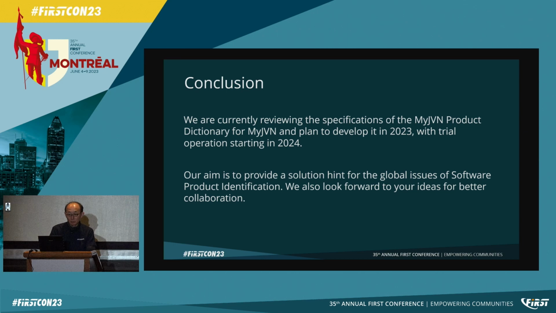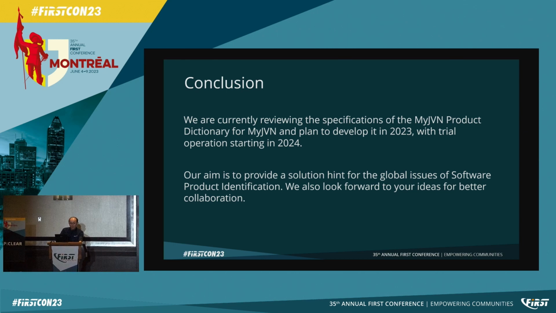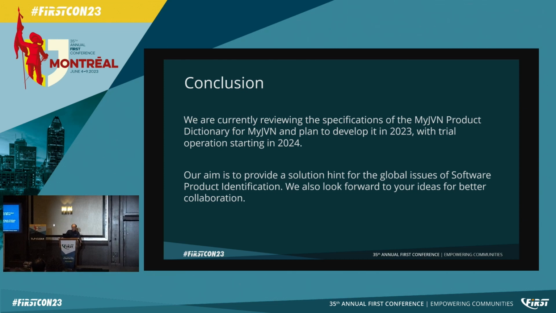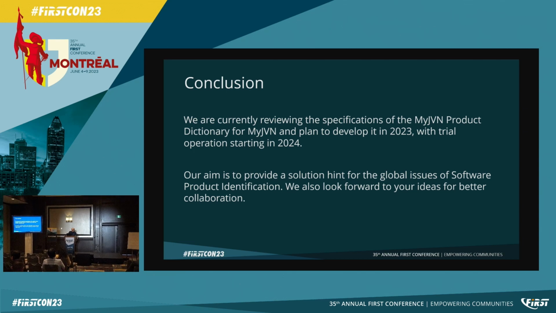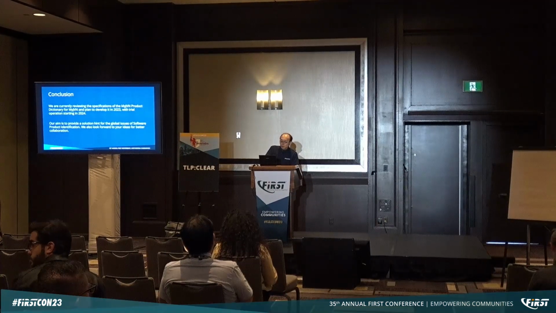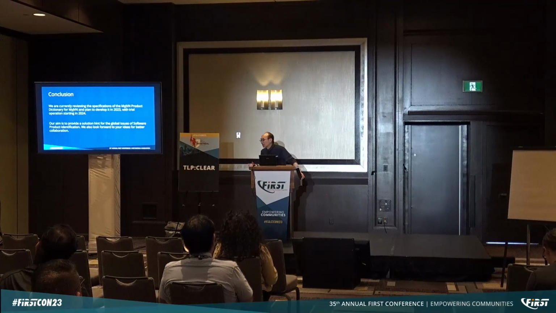Thank you very much. Any questions? Yeah, please. So if I understand it correctly, you only assign the MyJVN product IDs for products that are known to be vulnerable, or that you release security advisories for?